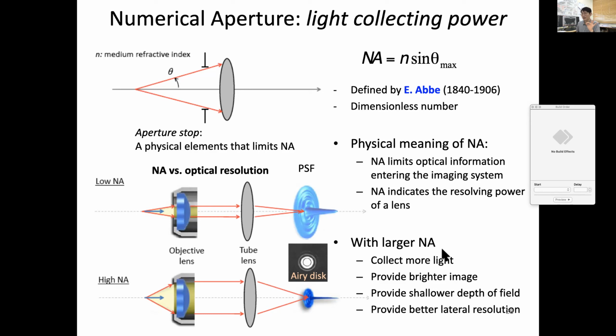With a larger numerical aperture, you collect more light, so you have a brighter image, and you have a better lateral resolution. But what are the cons of this? Because of this high angle, you can only focus at the focal plane, but out of focus, you quickly lose your sharpness.